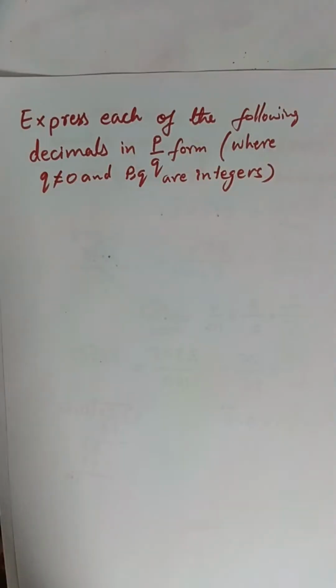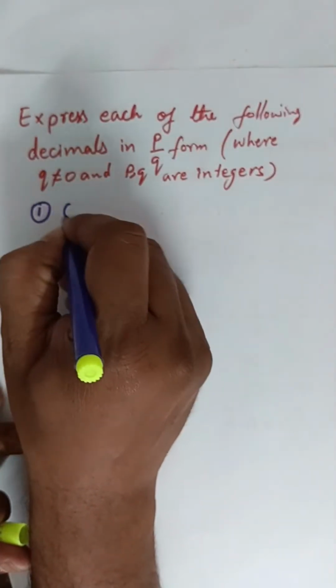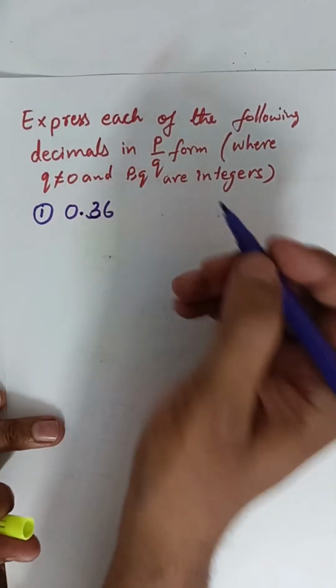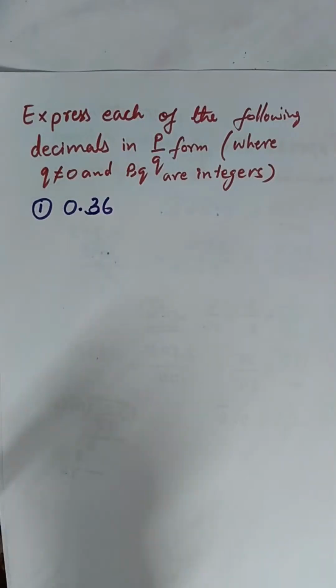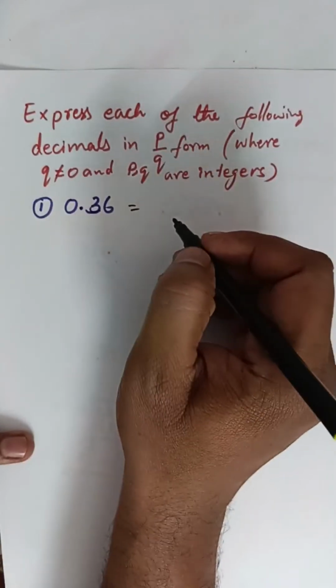So what is the question here? The first one is 0.36. This is a decimal. You have to convert it into P by Q form.